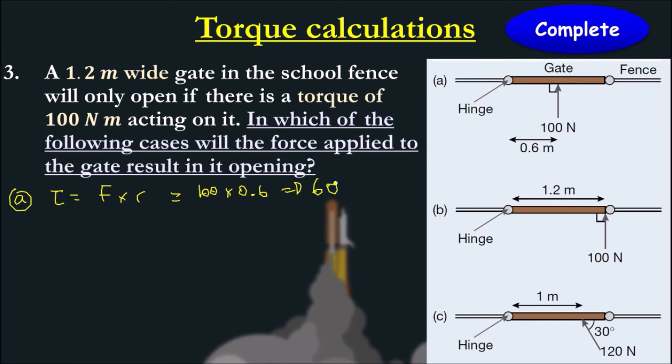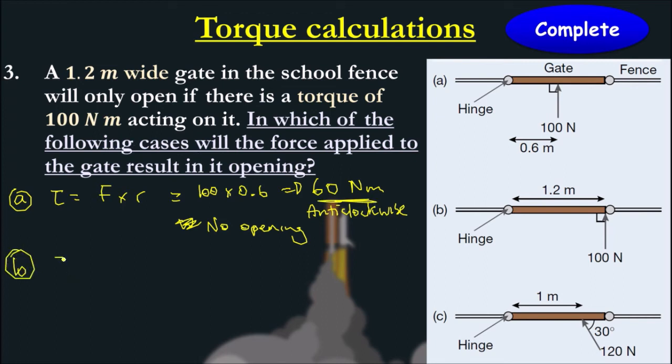We get 60 Newton meters, and we are going anti-clockwise because we're pushing up, so the door will go backwards. Well, all of them will be anti-clockwise, but there is no opening, as you can see, because this number is smaller than that.